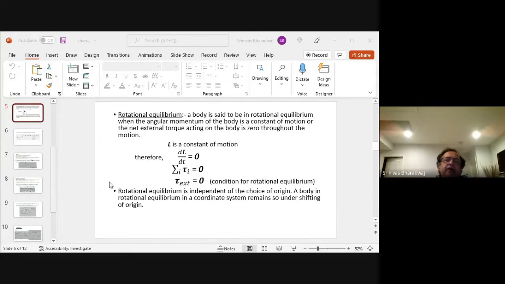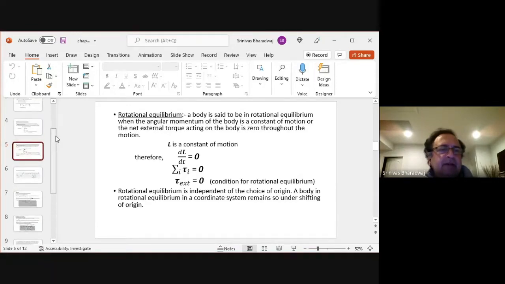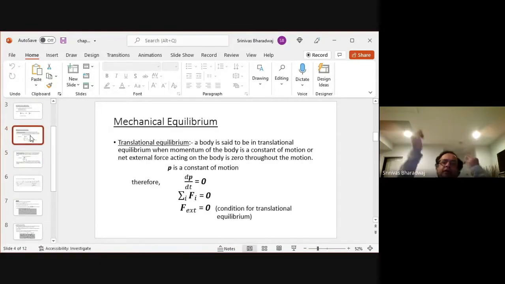So in the context of rotation, there are the basic questions that we ask about the dynamics of rotation and the statics of rotation. We all know Newton's second law and the idea of mechanical equilibrium.